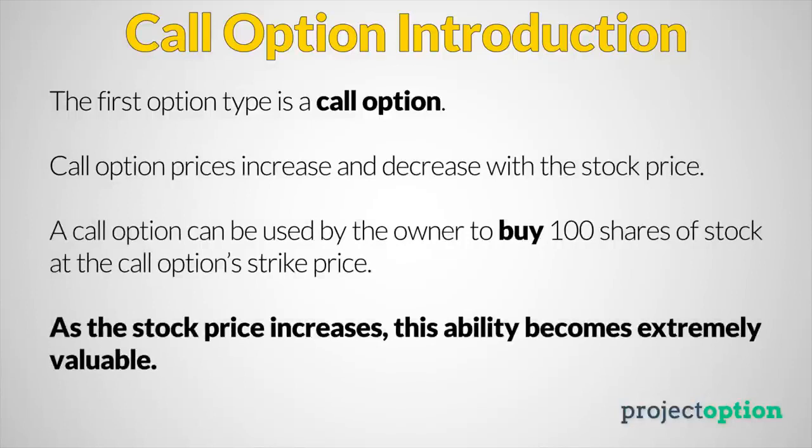Well, a call option gives the buyer the right to buy 100 shares of stock at the call option strike price between now and the expiration date of that option. Remember that one of the characteristics of all options is that they have a strike price. And for call options, the call option can be used to purchase 100 shares of stock at the call option's strike price.